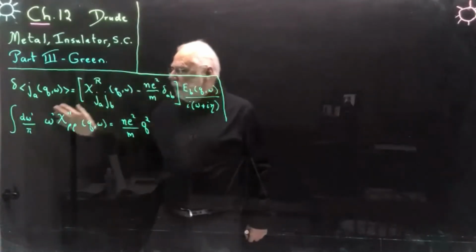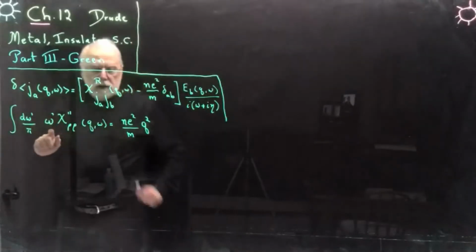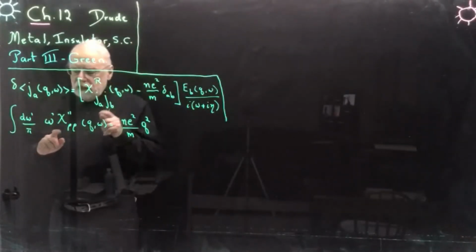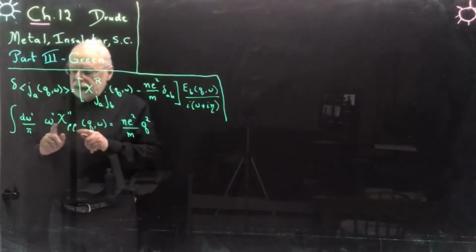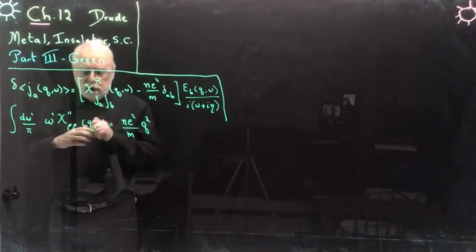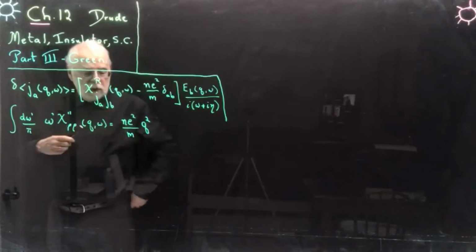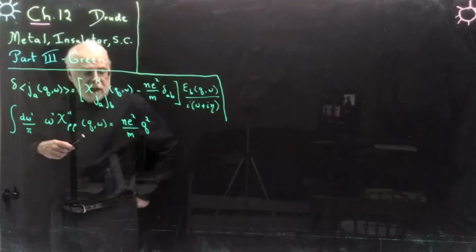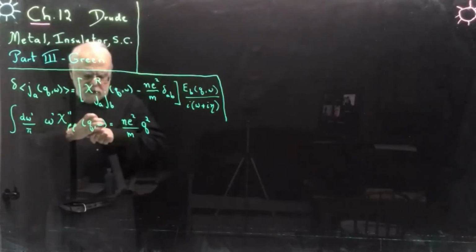So, let's start with this. You see here is the current correlation function that comes in. So here, let me rewrite this sum rule in terms of current correlation function. So what we can do here is recall current conservation.